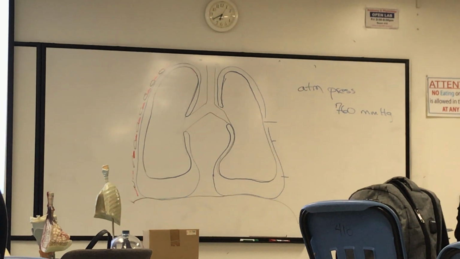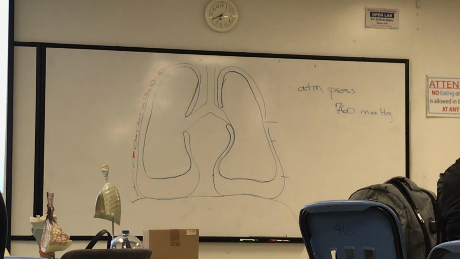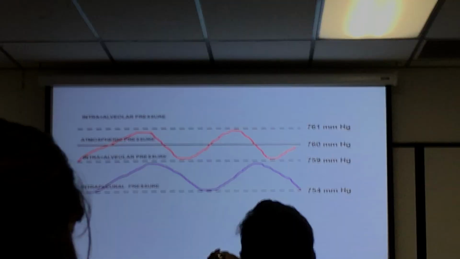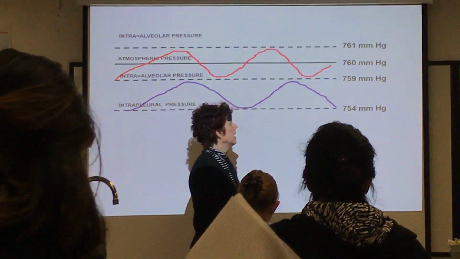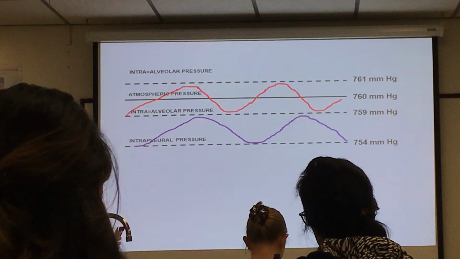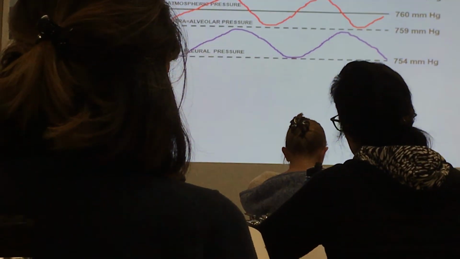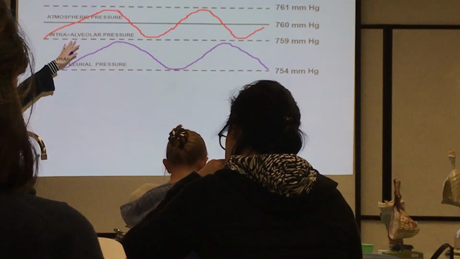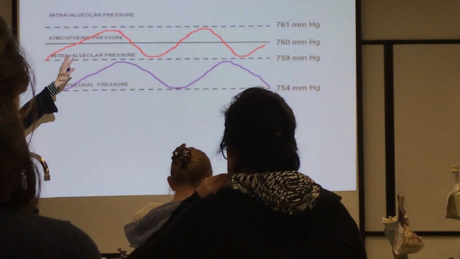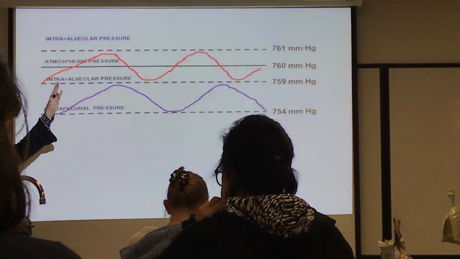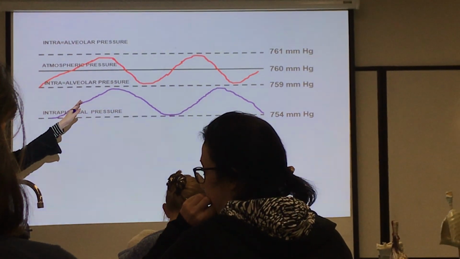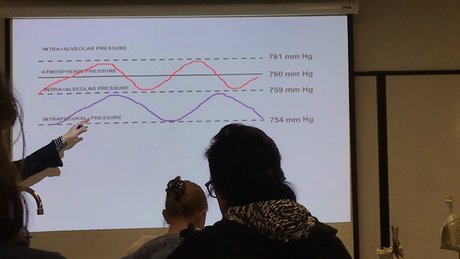All right? So you have this illustration somewhere, I think, in your lecture notes. So here's atmospheric pressure. The red line is intraalveolar pressure, or intrapulmonary pressure it's called sometimes. Notice it doesn't have to go up very high or go down very high for air to move in and out of your lungs. Anywhere from 1 to 4 millimeters. Not a whole lot.